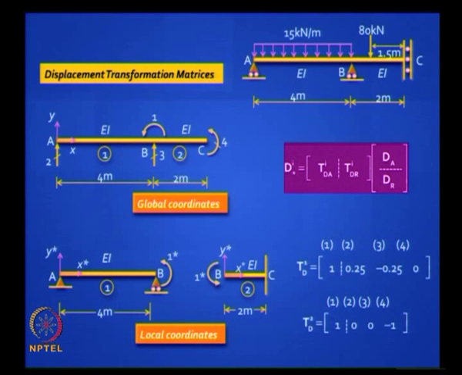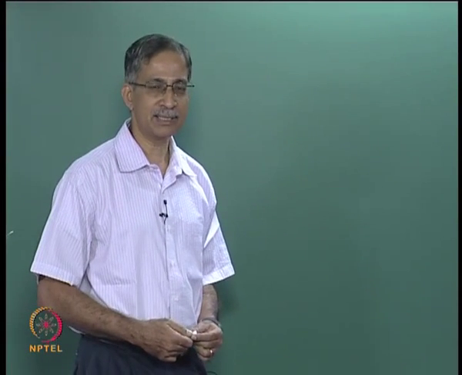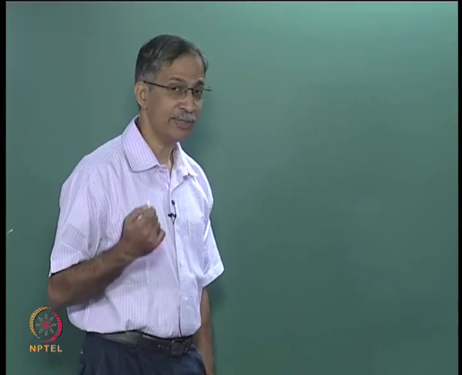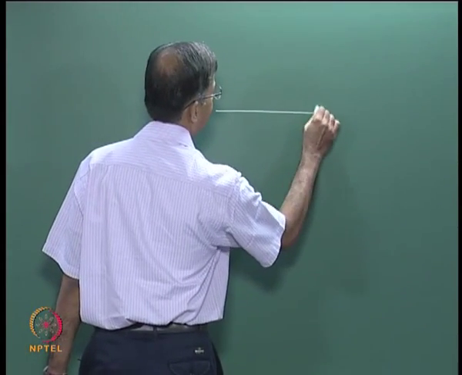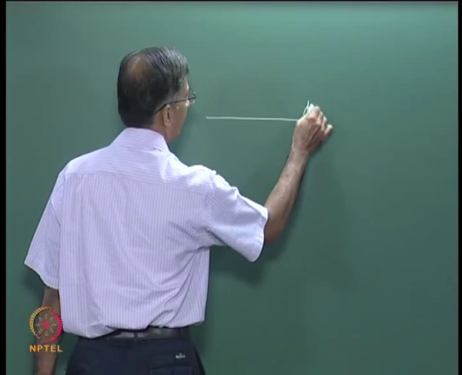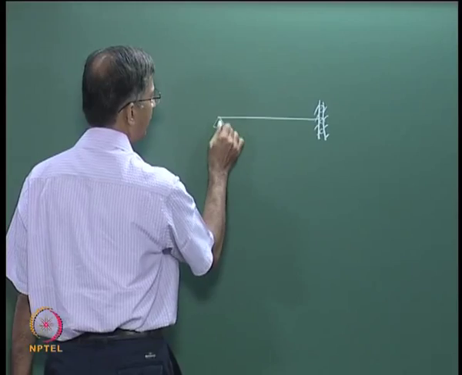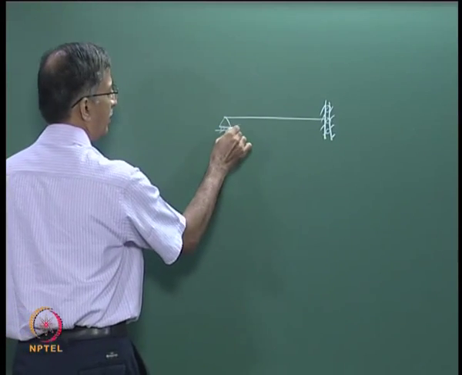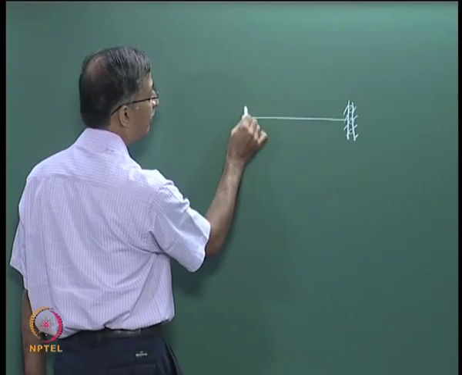Okay, let's try to generate the TD matrix for this guided fixed support case from first principles. So you have a guided fixed support here, prop here, and we first take the case where you have a movement here.